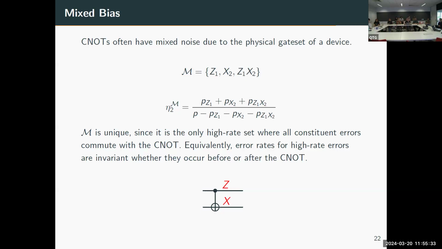We've looked at Z, X and Y bias in a more standard way, right? Suppose we're in this multi-qubit regime looking at some more interesting types of bias like this mixed bias. And this mixed bias is quite unique as far as CNOTs are concerned, because it's the only way you can define high rate bias such that none of the high rate errors actually change. They commute with the CNOT itself.